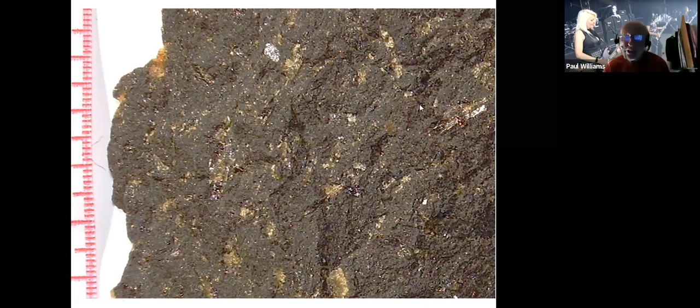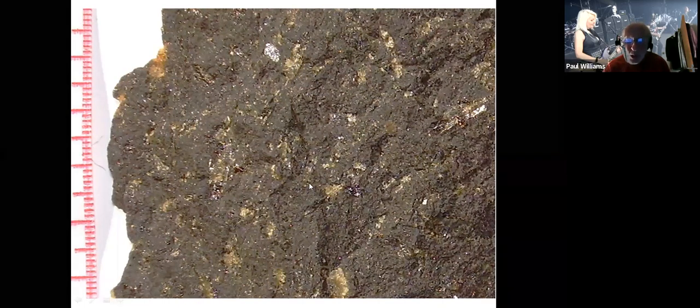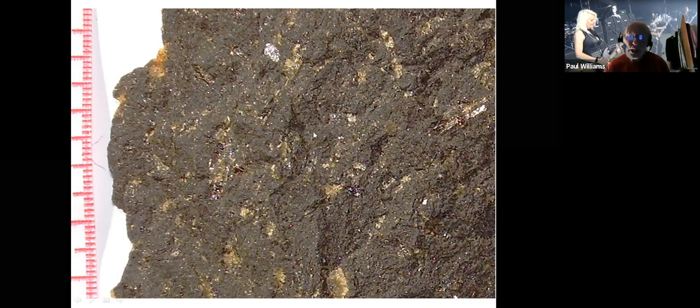And these phenocrysts would have formed much earlier in the crystallization process and been entrained within the fluid and got caught up in the magma. We'll talk a little bit more about the processes in a later edition of the workshop. But that's why we haven't got a whole mass of crystals in the background. So these are phenocrysts. And the name for the texture of this rock is porphyritic.